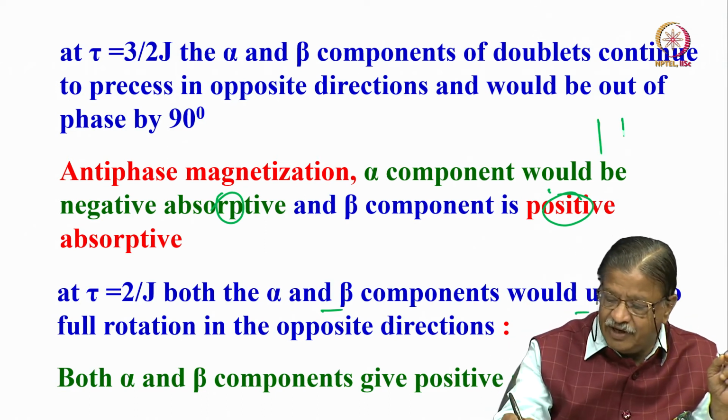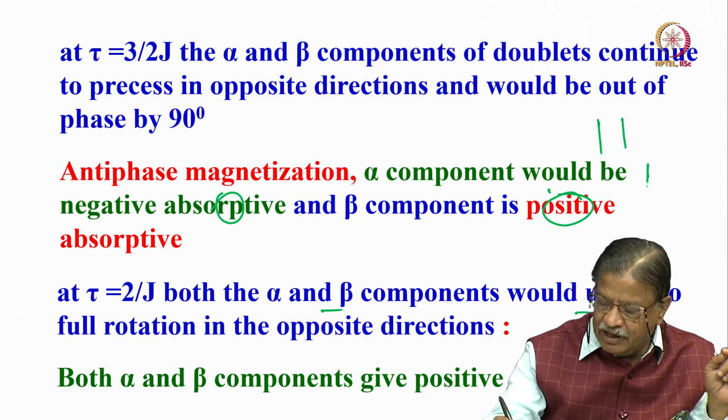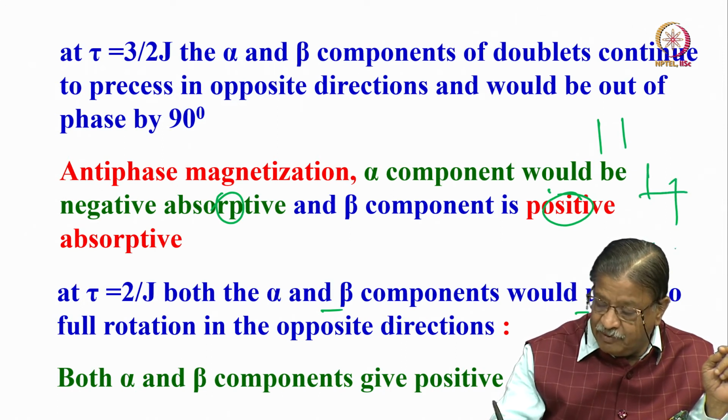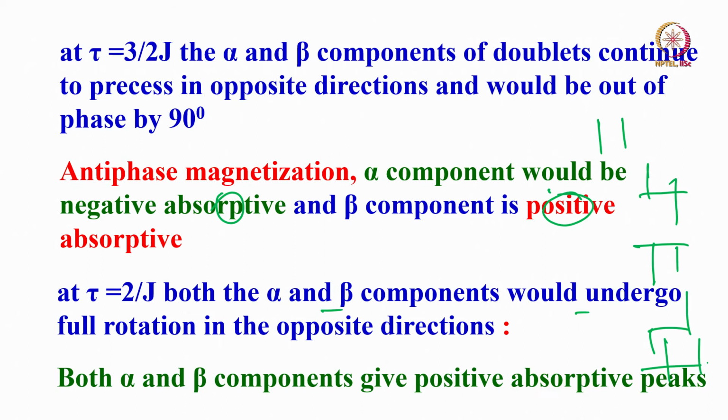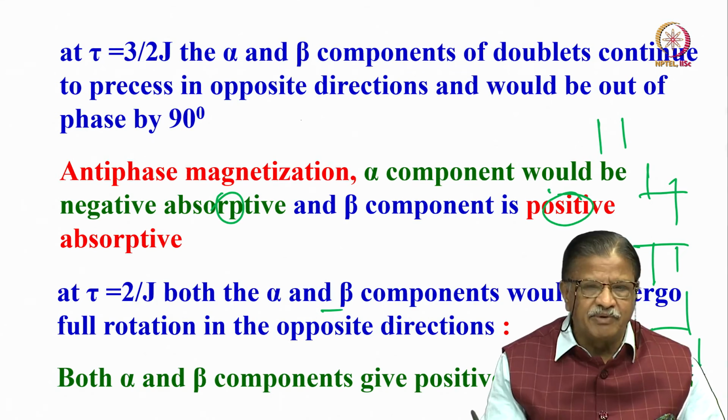First we got in-phase, then we start moving, we get anti-phase, then both in-phase doublet. Then this is going to be in-phase negative, this is going to be positive, so this is again anti-phase. Finally, after 360 degree rotation, they both will come back and you are going to get both positive absorptive signals.